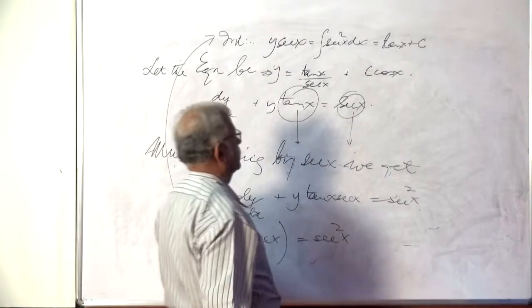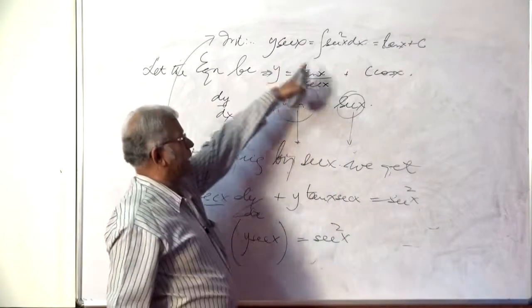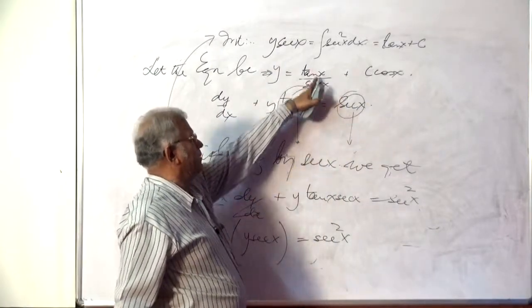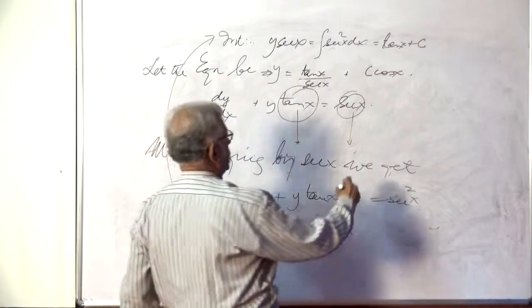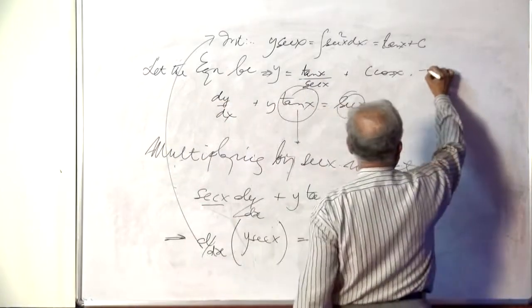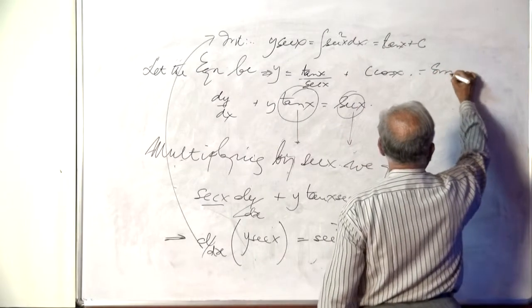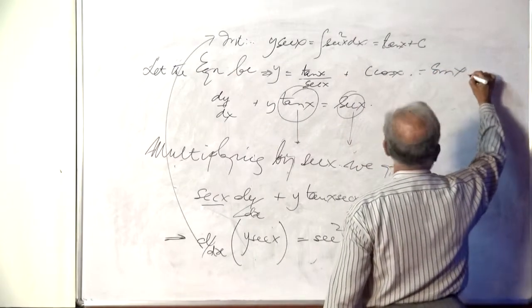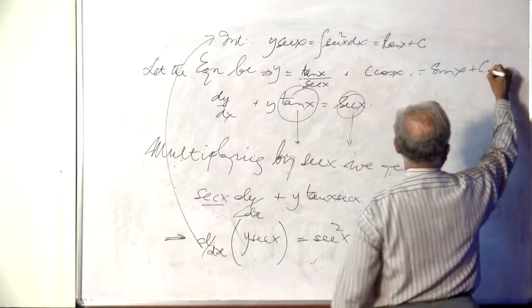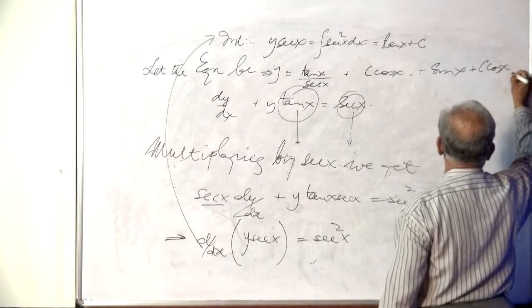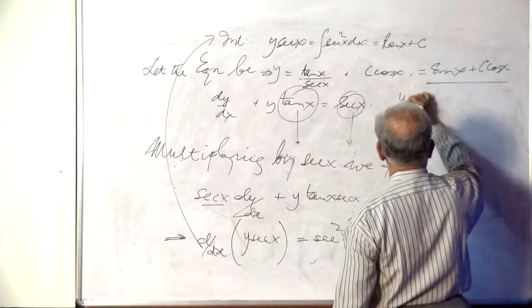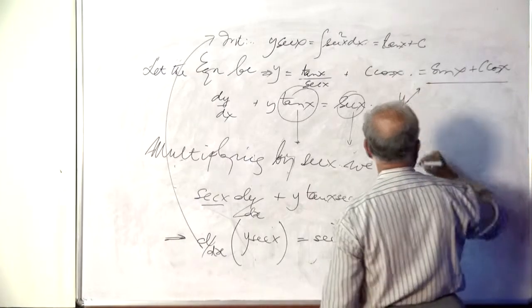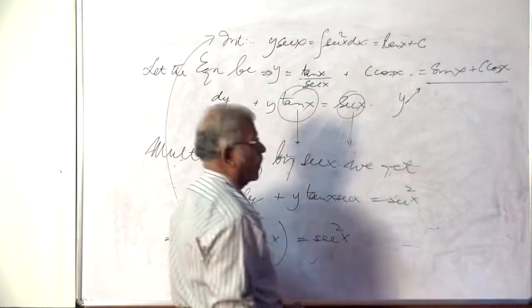C divided by sec x is c cos x, and tan x divided by sec x, one can see, will be sin x. So this is equal to nothing but sin x plus c cos x. So this is our y as the solution of the differential equation.